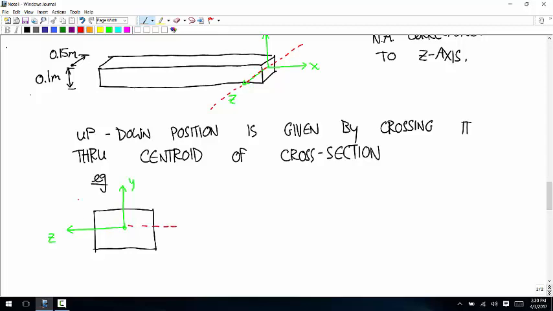This is the neutral axis, and we know that the distance between the neutral axis and the top is 0.05 meters because of the centroid. And then the origin is always going to be on the centroid of the shape, so 0.075 meters.